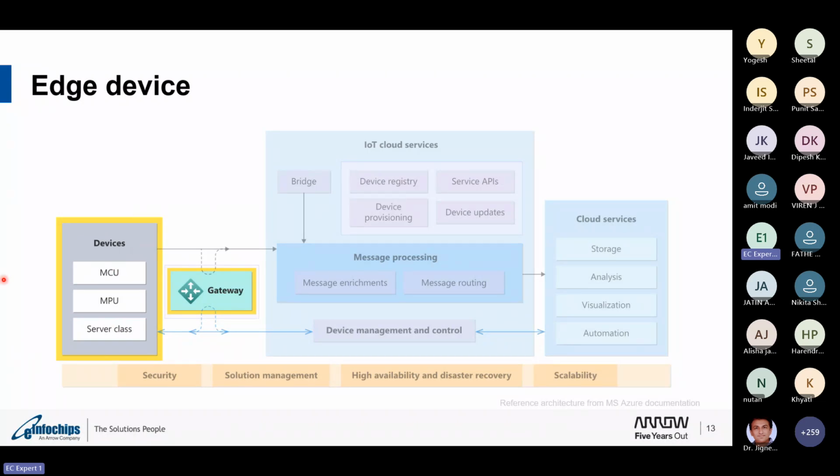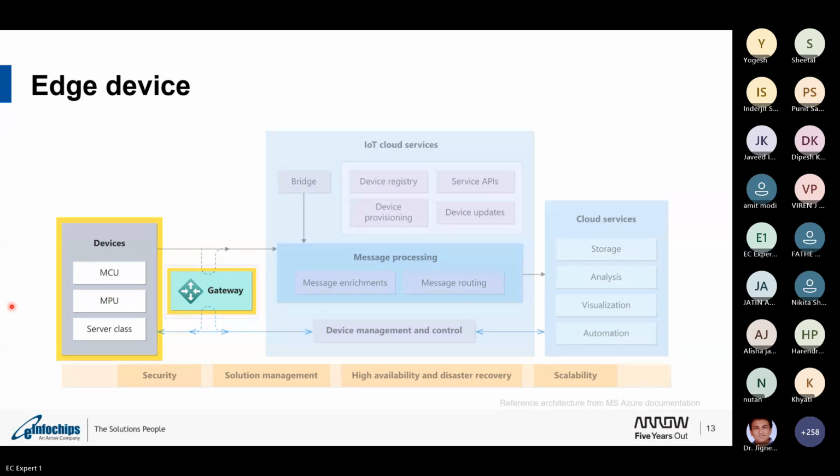So an edge device is nothing but a microprocessor which is less expensive and simpler to operate. An MCU typically contains functions, memory, interfaces, input output, which is nothing but a chip itself.